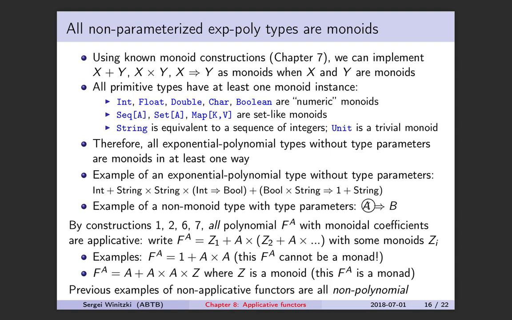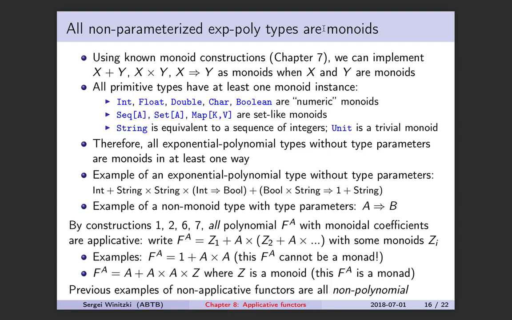If I knew that B is a monoid, that's enough already. I have this construction. But I don't know that. So all types that don't have type parameters and are exponential polynomial, such as this one, are all monoids. So it is in this sense that I say all non-parameterized exponential polynomial types are monoids.